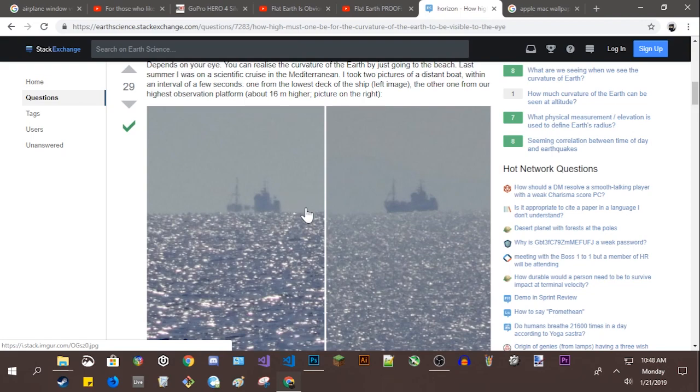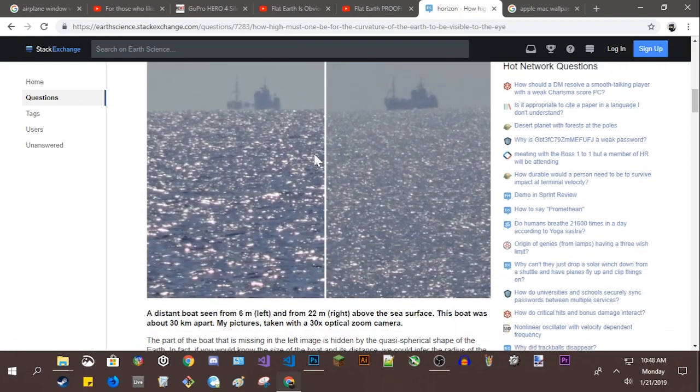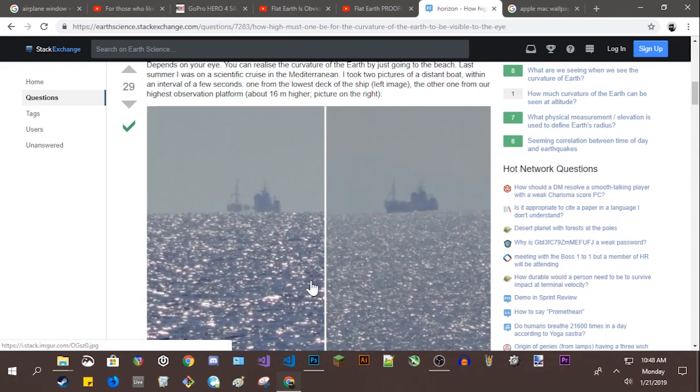and the distance between him and the boat, considering he's using a 30 times optical zoom camera, must be pretty large. And in the first image, we can see that parts in the bottom of the boat are disappearing even before the top parts.